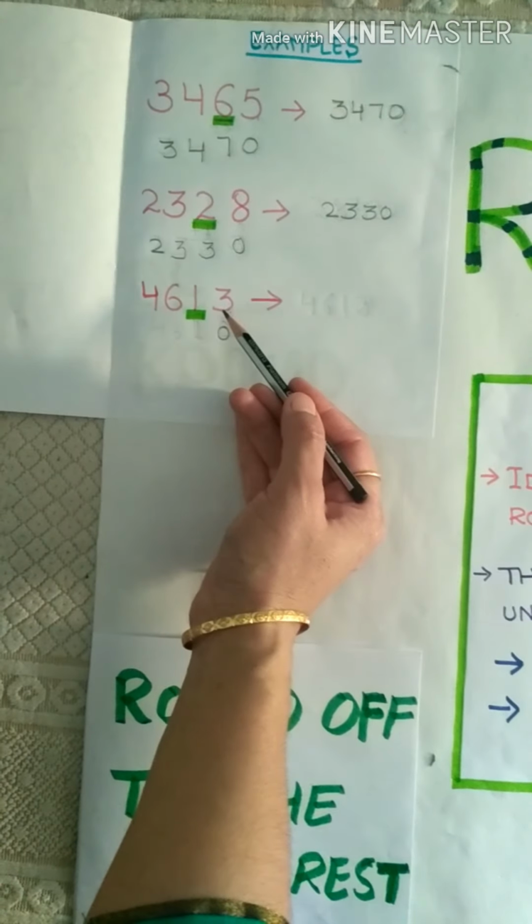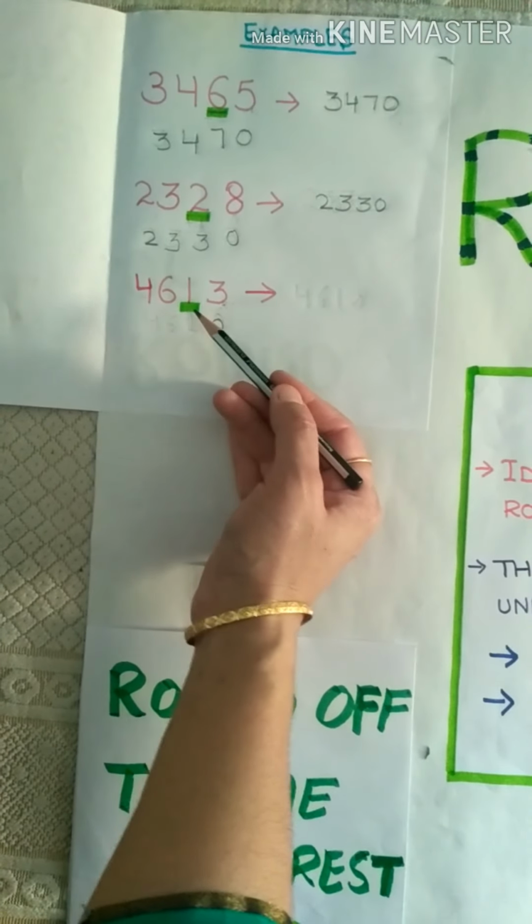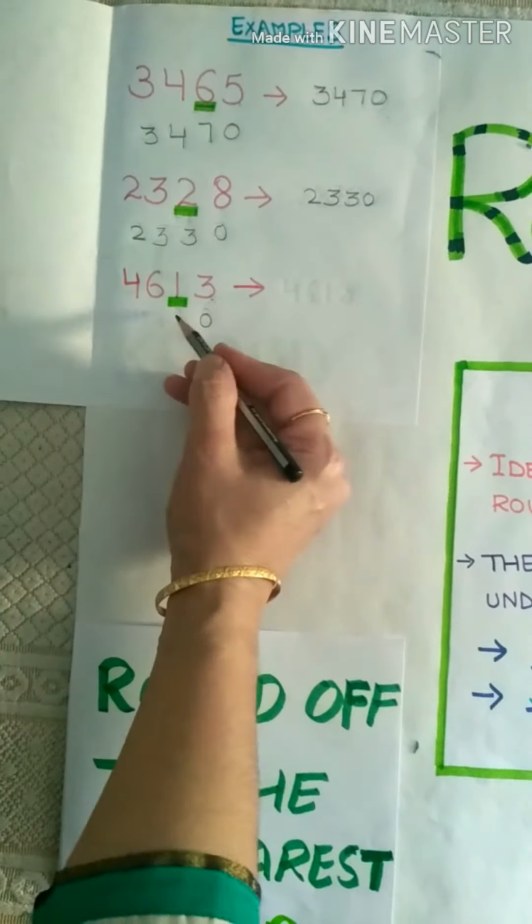Yes, I will not add anything to this. So it will remain the same, and the rest of the digits at the left side also remain the same. Here the answer is 4630. Now these are a few examples of rounding off to the nearest tens.